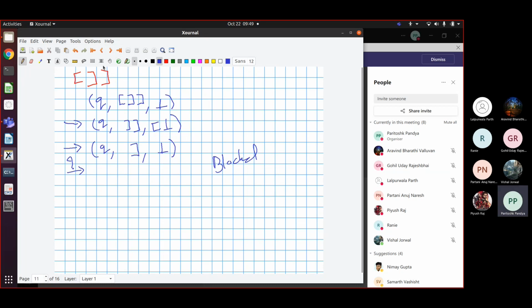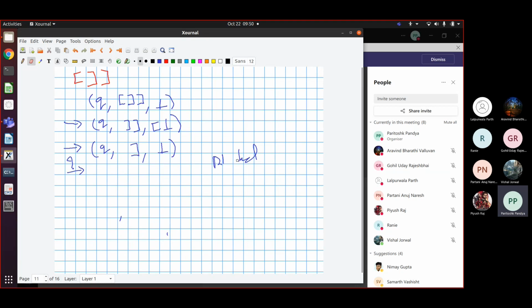So you see, any word which is not balanced will result in some sort of blocked configuration of the form q with some string x which is non-empty, not equal to epsilon, or some gamma on the stack which is not equal to epsilon. This is what will happen, so this is how it will reject the words.